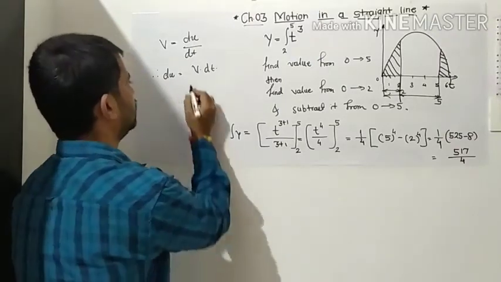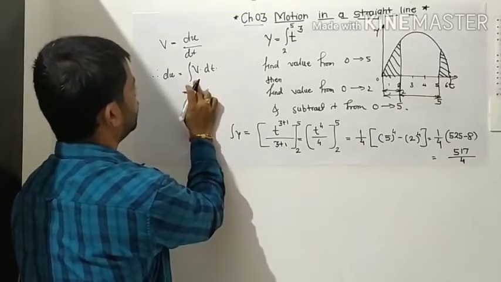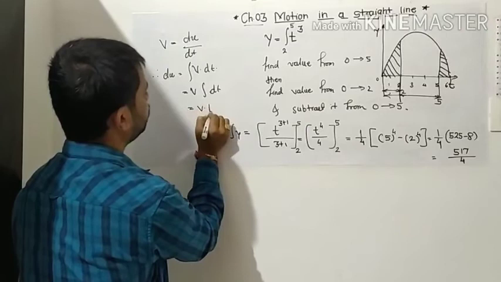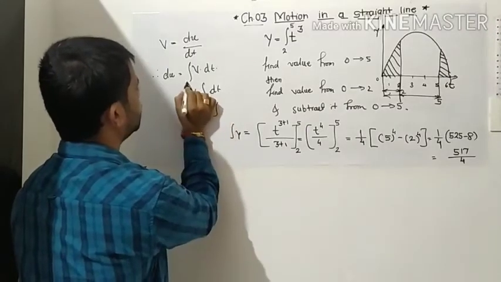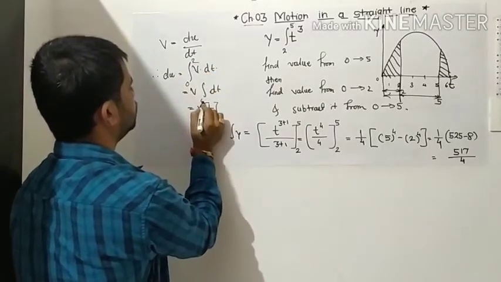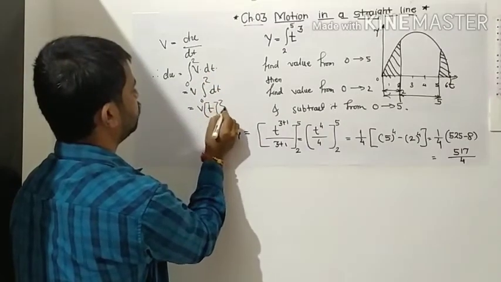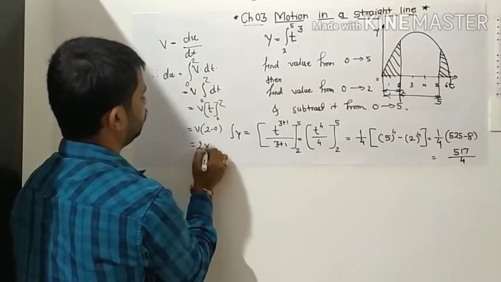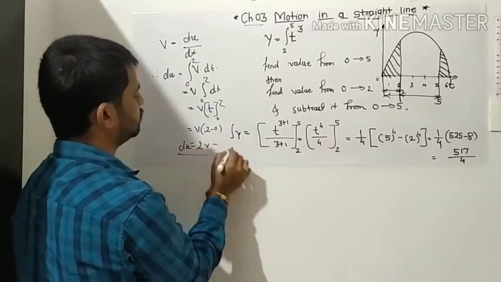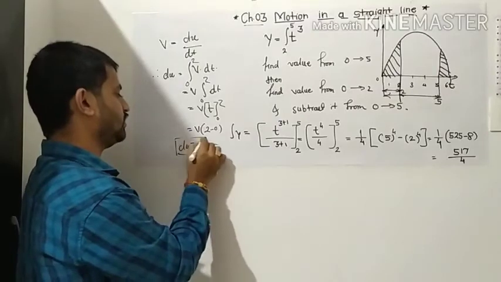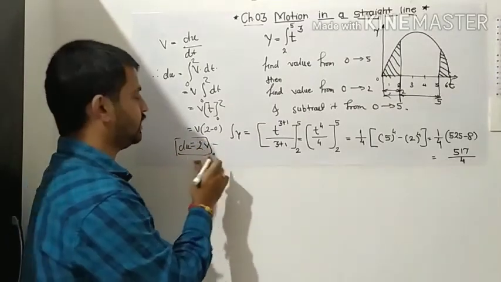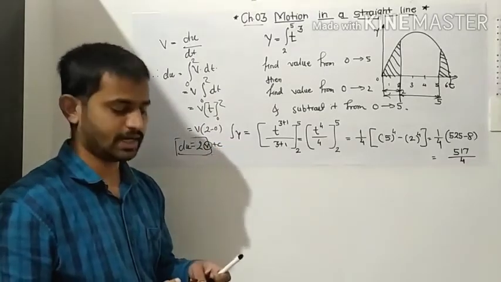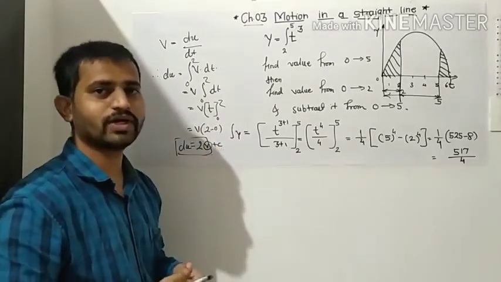If we take this integration, v integration dt, it is nothing but v into t, and putting some limits, suppose from 0 to 2, we will get v into 2 minus 0, that is twice v. So dx is equal to twice v. In this case we are getting one indefinite term, so we have to add plus c, because v can be any variable. We can assign any value to this v because it is not one constant.